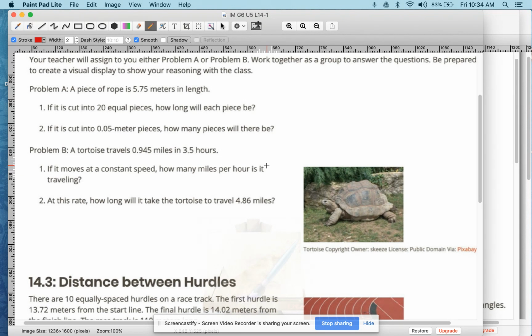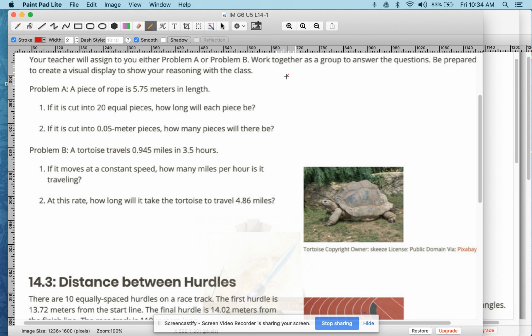Problem A says a piece of rope is 5 7/75 meters in length. If it is cut into 20 equal pieces, how long will each piece be? Well, let's take a look at some division work here.